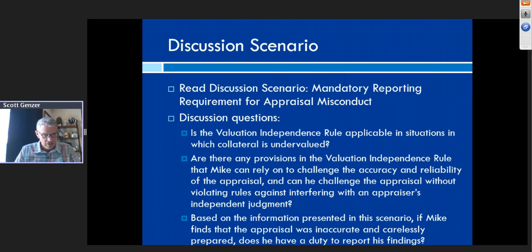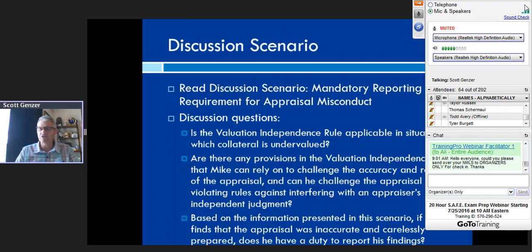So yes. So is there anything that Mike can look to in the rule to rely on to help him get this appraisal fixed? Does he have any rights now that he's got an appraisal that looks like it was carelessly prepared? The appraiser used a foreclosure and a short sale. If there's 15 comps and there's one or two distressed sales, we don't use distressed sales on non-distressed properties, if we're not in a completely distressed market.